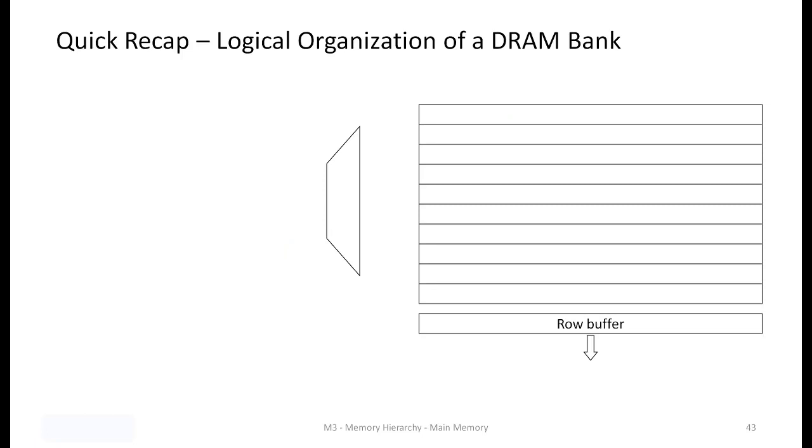Now let's move on. A quick recap of the working of the refresh process in the DRAM bank. The memory controller, which is on chip, occasionally sends a refresh command to the DRAM device.